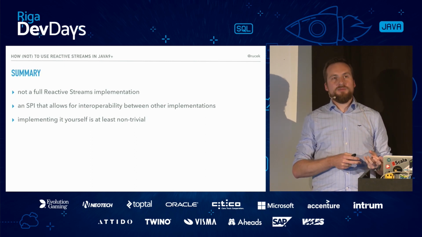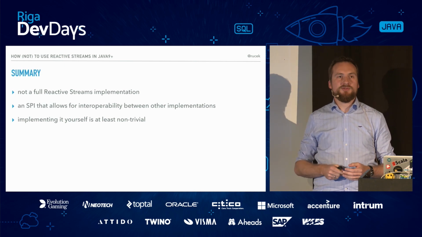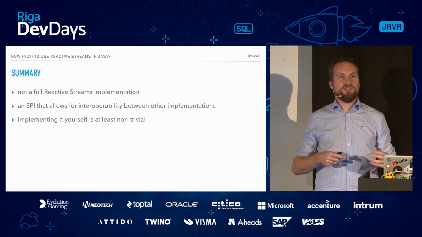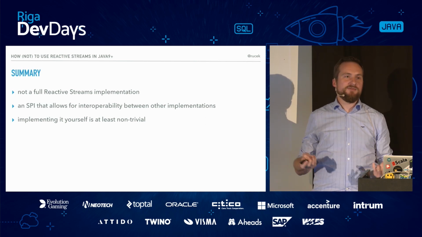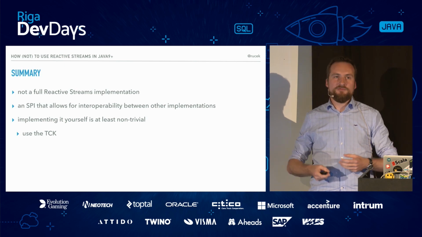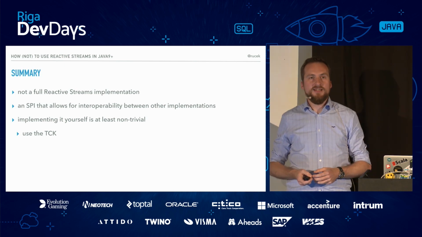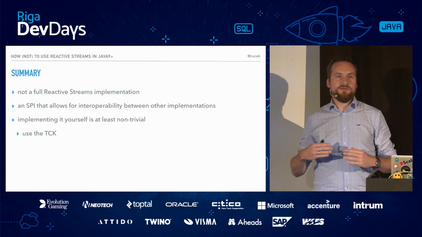We tried to implement a publisher, which I said is somewhere in the middle when it comes to complexity. So the subscribers are easier, but the processors are the most complex ones because they need to be asynchronous and there is a lot of stuff you need to think about. But if you wanted to implement a library yourself, which you are free to do, of course, then you really need to remember about using the TCK, which is a pretty extensive one.